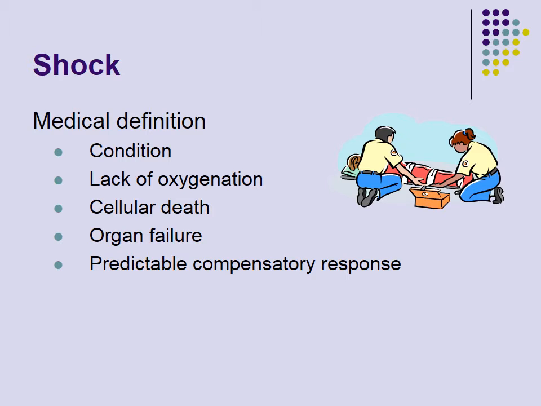And this response that we have to the lack of oxygen and tissue perfusion is predictable. There are adaptive and compensatory responses that are going to happen when this starts to occur, and it is predictable. And because of that, we as nurses need to be able to see the changes that are occurring in our patients so that we can intervene appropriately.